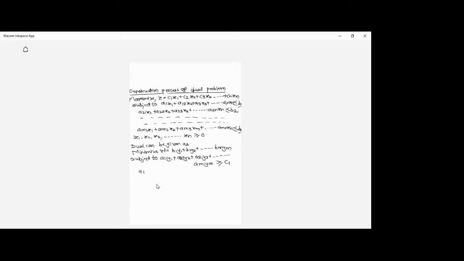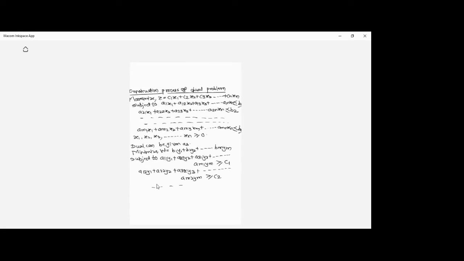Next, it will be a12 y1 + a22 y2 + a32 y3 + ... + am2 ym greater than or equal to c2.